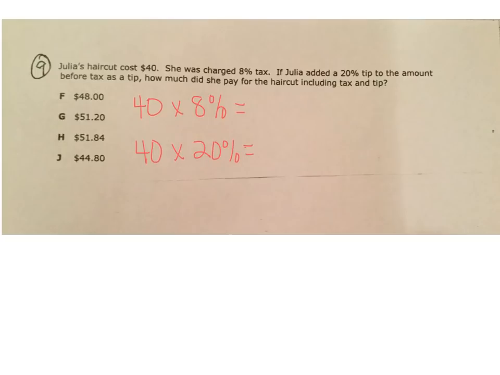Okay, so you would have your cost of the haircut, okay, then plus the tax, and then plus the tip, and then that will give you your total. Okay, so that's what we're looking for.